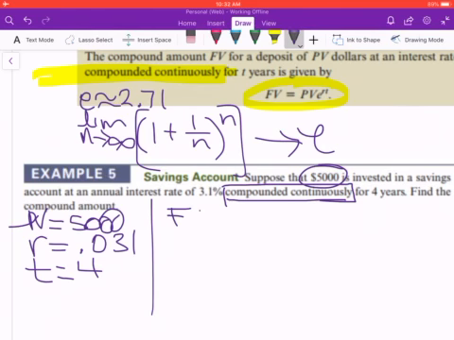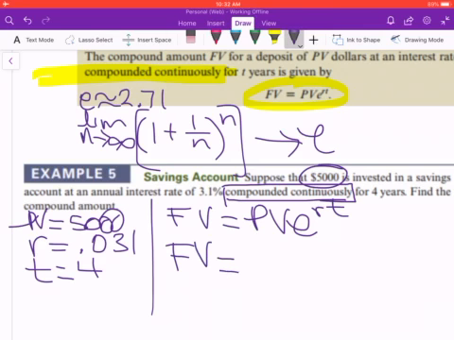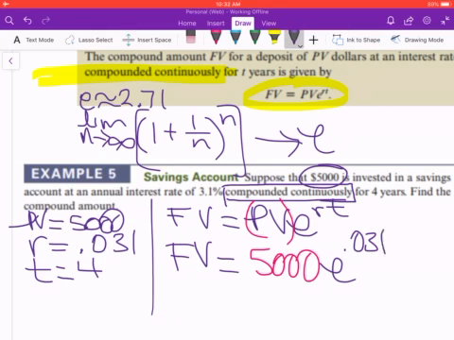So future value is equal to present value times e to the power RT. And so we're looking here for the future value. We're going to substitute present value here with the 5,000. E is just a number, and then for the rate we have 0.031, and for the time we have 4 years.